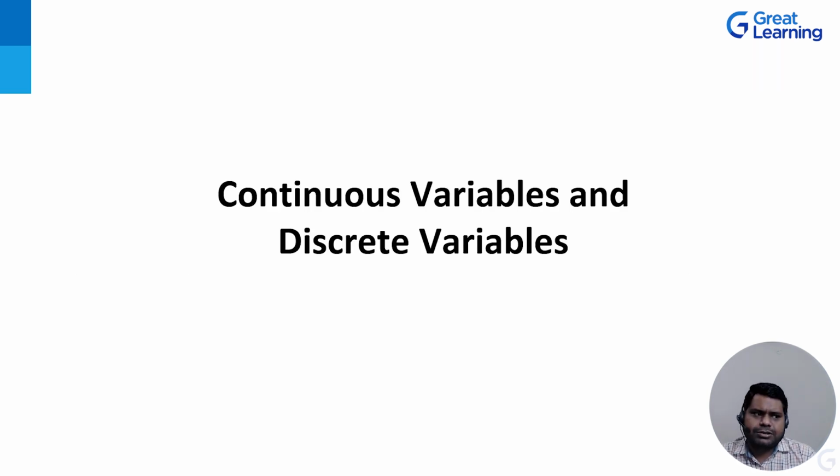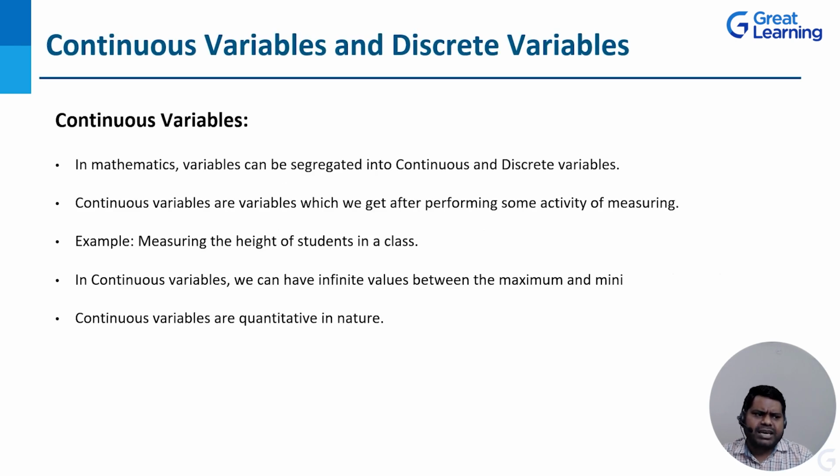Now let's move on to our next topic, which is continuous variables and discrete variables. In mathematics, variables can be divided into continuous and discrete. Whenever we perform some activity of measurement, the result which we get is continuous in nature. For example, suppose you wanted to know the height of all the students in a class.